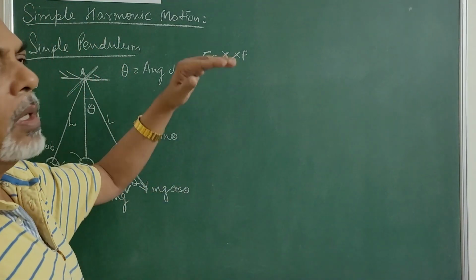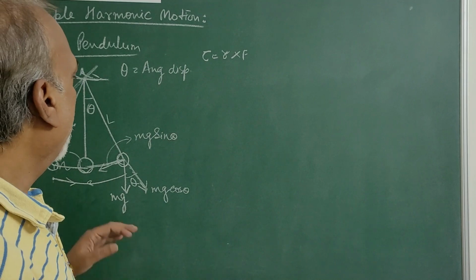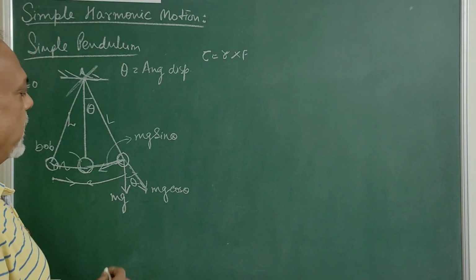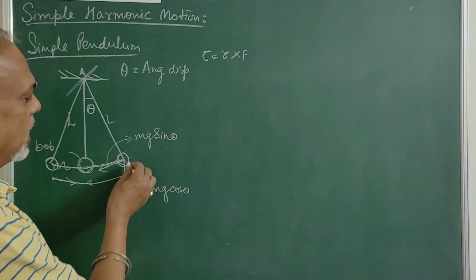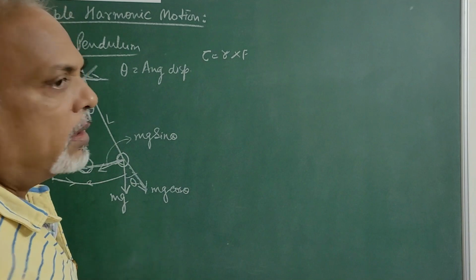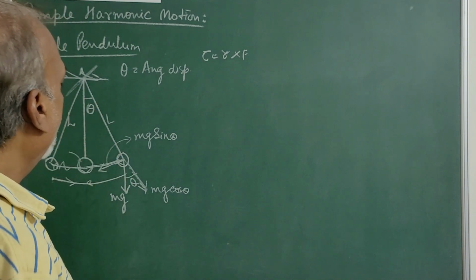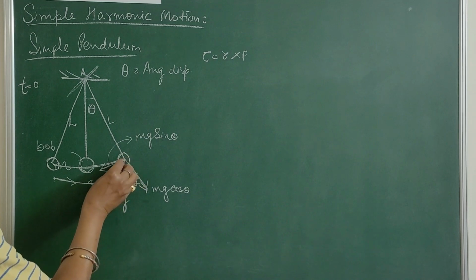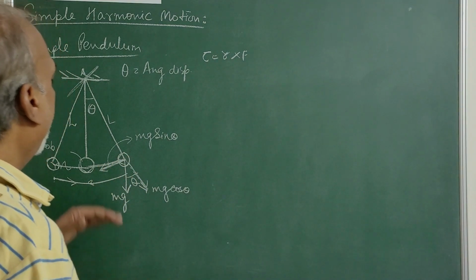If you multiply those, you will get the torque. So in this case, for the mg cos theta component, there will not be any torque because it is in line with this string. But mg sin theta is in a perpendicular direction to the string.